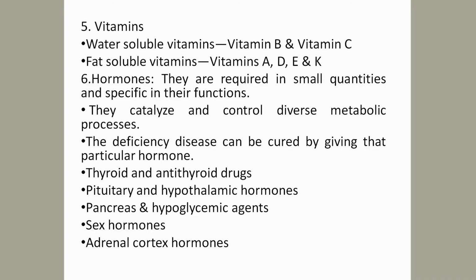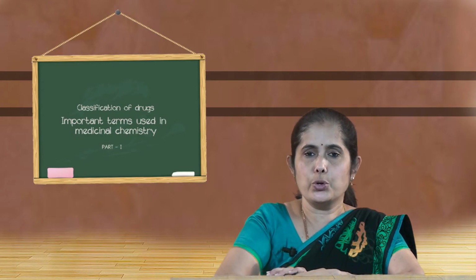Any problem in these glands which secrete these hormones will cause deficiency of the particular hormone, which will hamper the metabolic process. So, whenever people suffer from hormonal imbalance, that particular hormone is given to the patient to cure the disease.